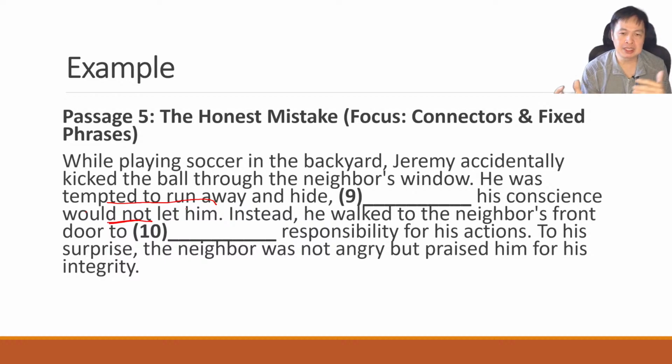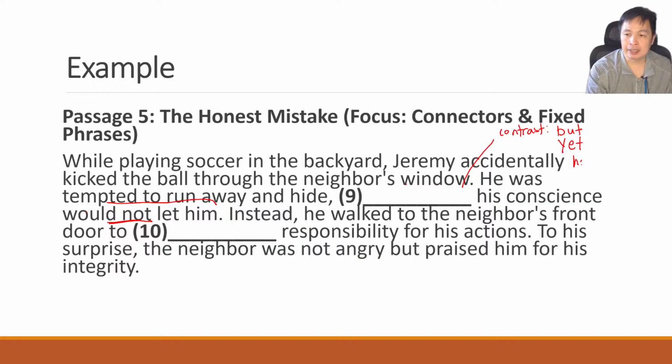So when you have opposite ideas in the same sentence, usually we use what we call a contrast connector. So this is using your grammar to help you. What's the contrast connector? The very first one that comes to mind is of course but. This is the most basic one. Another contrast connector is yet, and then another one is however.